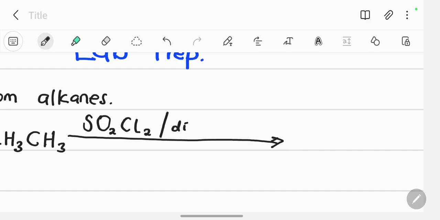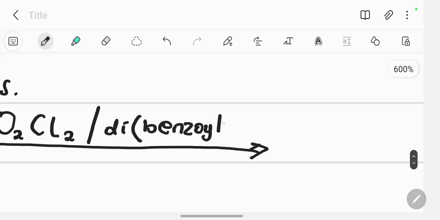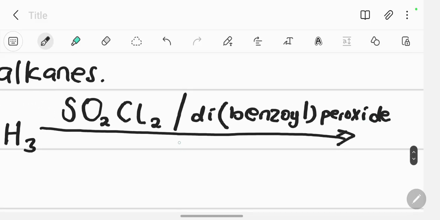So I'm having sulfuryl chloride in the presence of dibenzoyl peroxide, and at a temperature of 40.